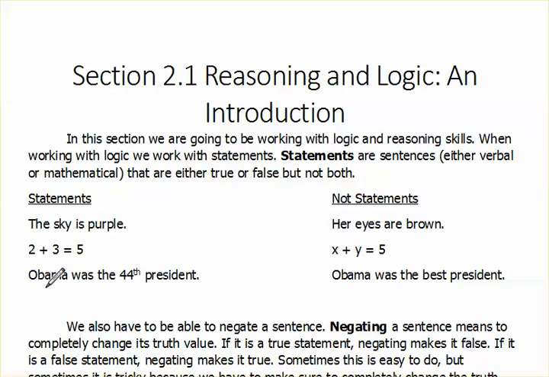Here's something that is considered a statement. That is, Obama was the 44th president. That happens to be a true statement because it is something that we can verify and we know for sure. This is not a statement. Obama was the best president.